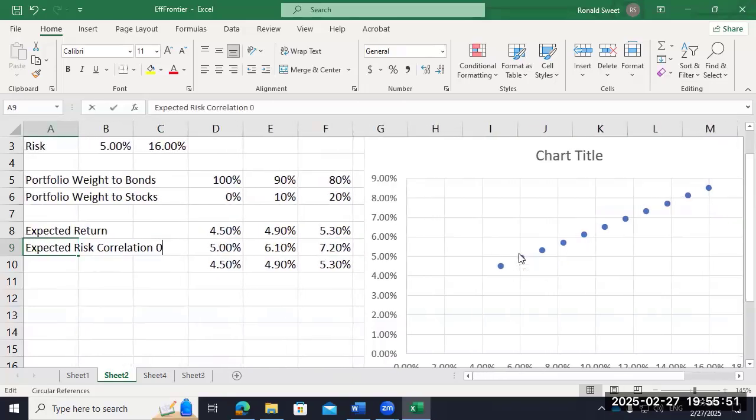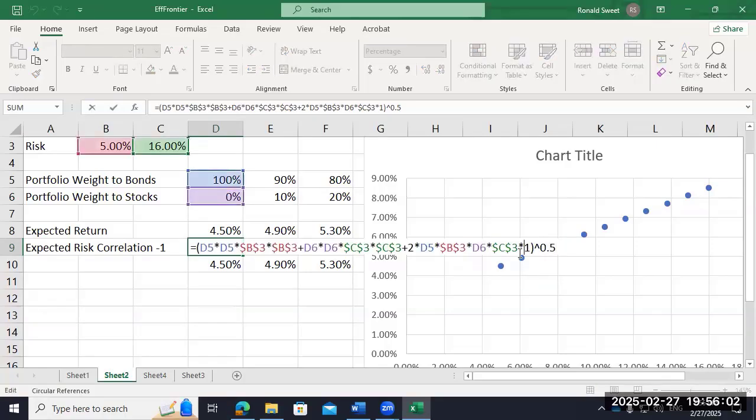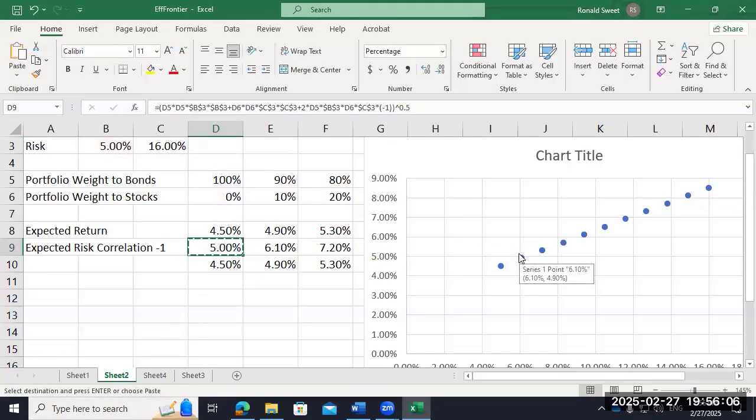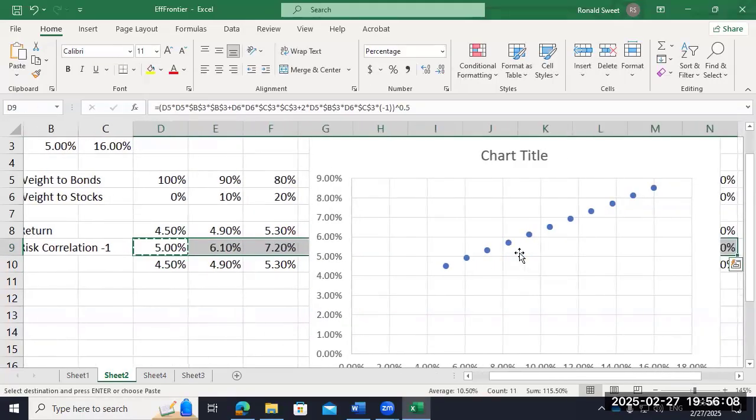Now the special case, and I don't know if I set it up right because I can get a non-value. It's possible I have a formula that doesn't work because you can't take a square root of a negative number. We'll try this. What if it's -1? And if it's -1, we'll see. It might get a wild valuation. Yeah, it didn't quite work.